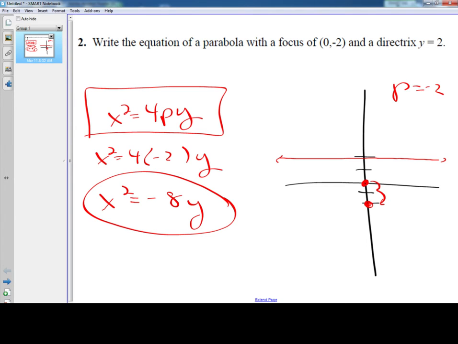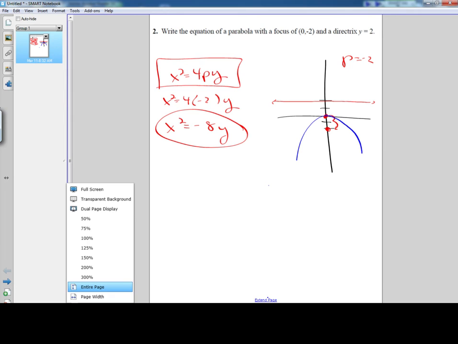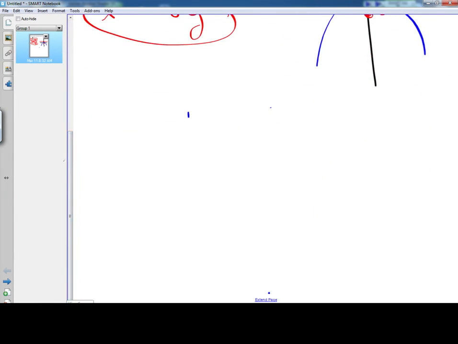Well, think about this. The points that I create have to be equidistant, right? Since I have my vertex right below it, the parabola is going to take on the shape kind of like this. So it's a vertical parabola. If it was going to be a horizontal parabola, then I would have a vertical directrix.